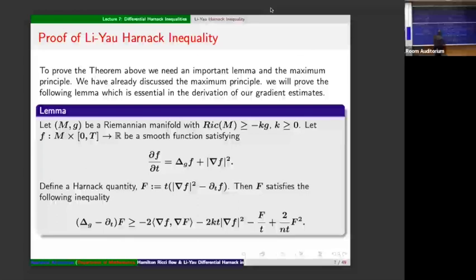If f is this and the given equation is this, from here we can see that the Laplacian of this is minus f over t.